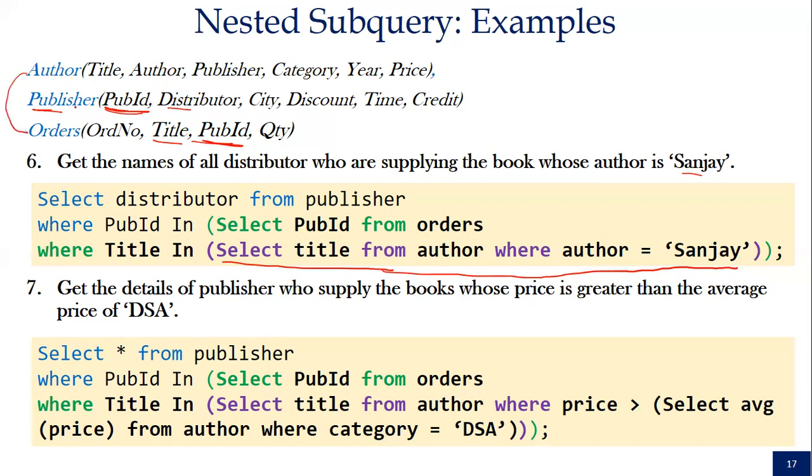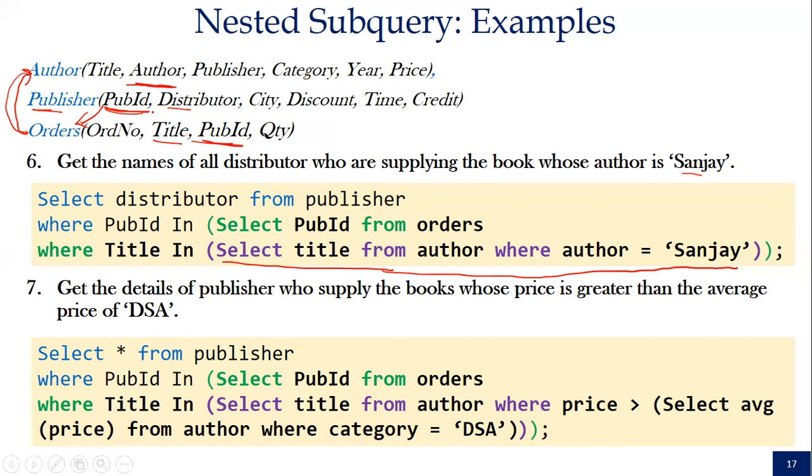From the publisher you have to go to the order table, and from the order table you have to go to the author table to fetch the author name. So there are three tables, and all these tables are utilized in this query.